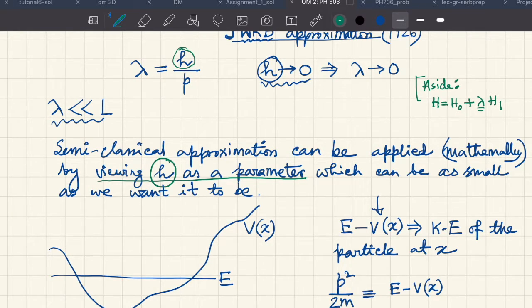It is not dimensionless, unlike your perturbation theory problem. So this is the subtle difference between this semi-classical approximation and the approximation methods that we have used so far.